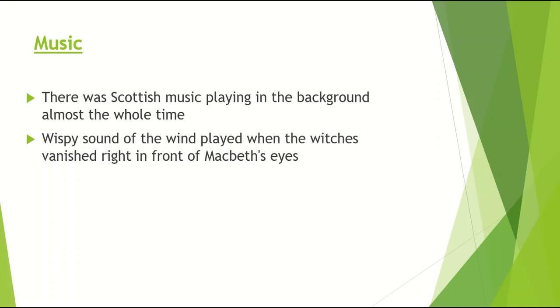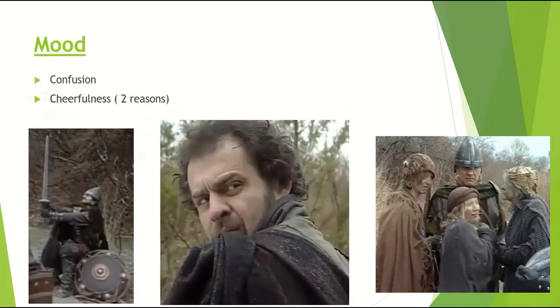Also, there was a wispy sound of the wind, played when the witches vanished right in front of Macbeth's eyes. That created suspense. It was kind of spooky. It definitely left the audience confused as to who these people are if they just vanish in thin air. And it also confuses the characters because they are like, what happened? So that all plays into the production concept.